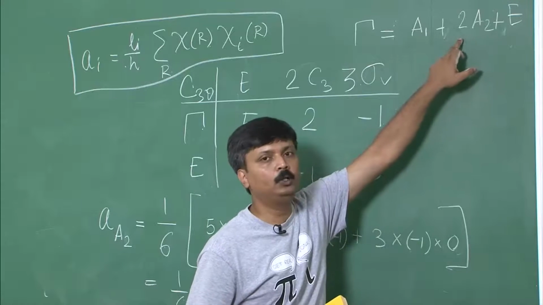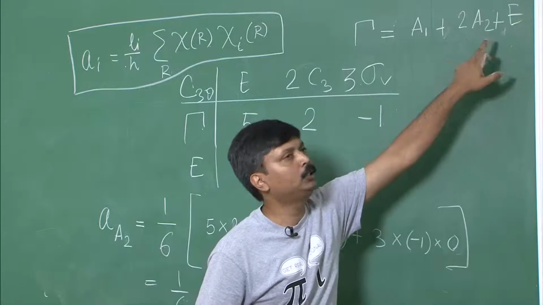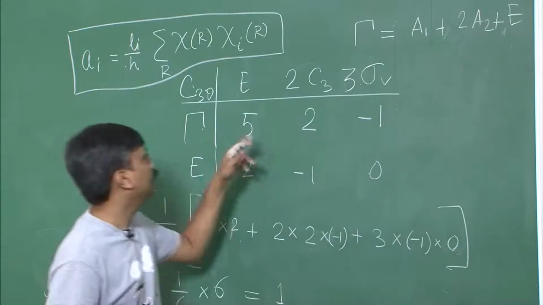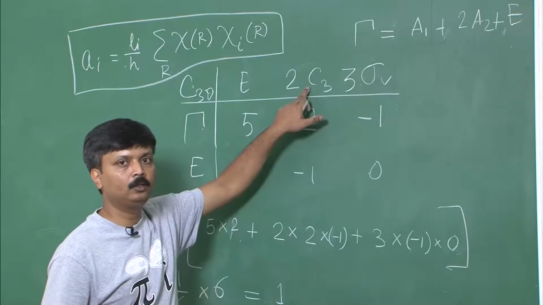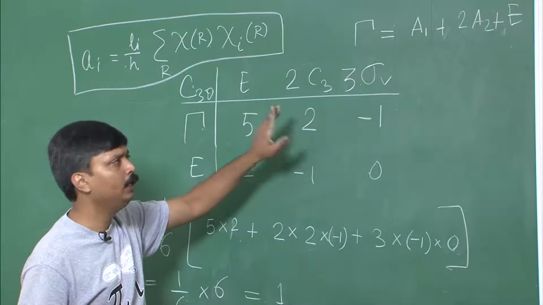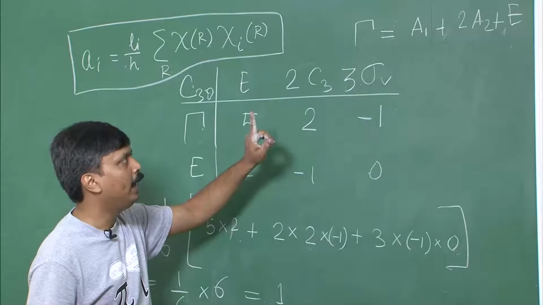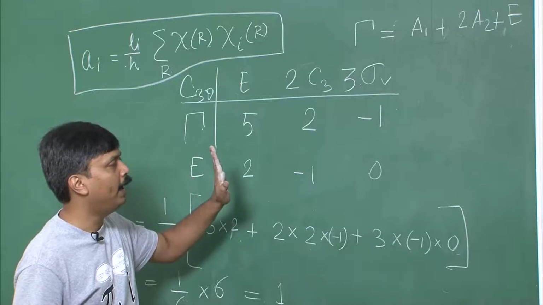So A2 is appearing 2. So 1 plus 2 plus 2 equals to 5. That's what we have. If you check for C3, for A1 it is 1, for A2 also it is 1, and for E it was minus 1.